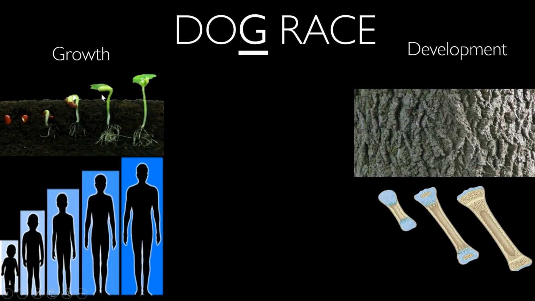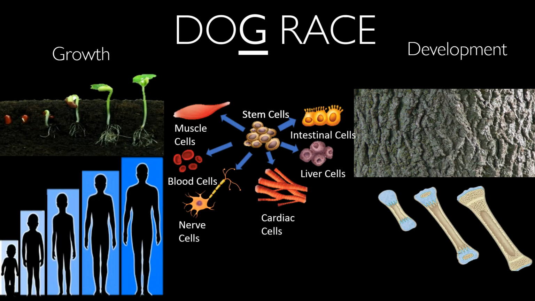And then development would be it changes its structure. Now we actually see this, it's very common in our cells. We will see our stem cells that are just kind of plain, but then those stem cells will develop or change in structure to form many other types of cells, like muscle cells or blood cells or nerve cells. They may not have gotten bigger, but their structure has changed, and that's development.